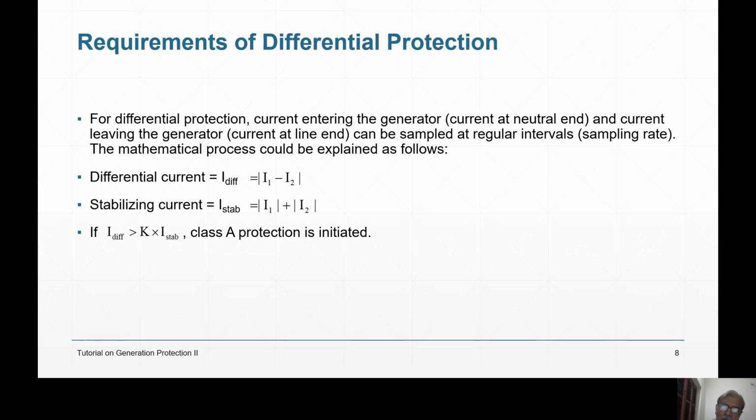So when differential protection operates, I was telling you in one webinar that differential protection in one case operated because of burning of the connection point, where the connections are made.